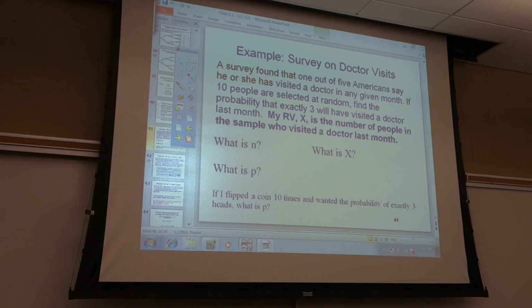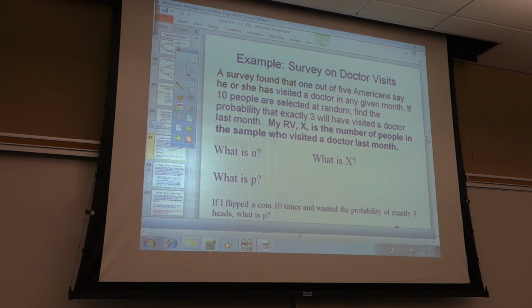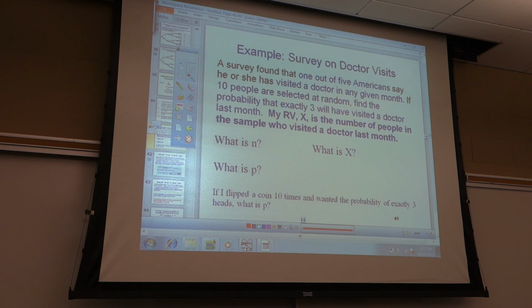All right, so let's take a look at this together. Sarah, go ahead and read for me. Example, survey on doctor visits. A survey found that 1 out of 5 Americans say he or she has visited a doctor in any given month.